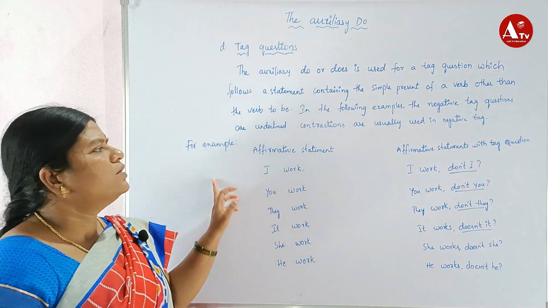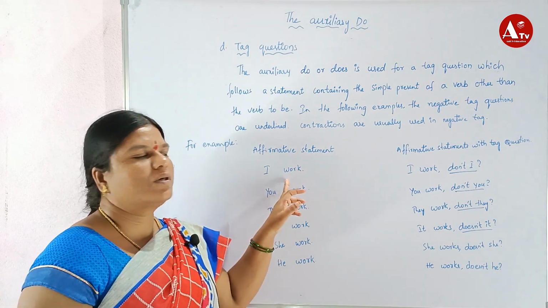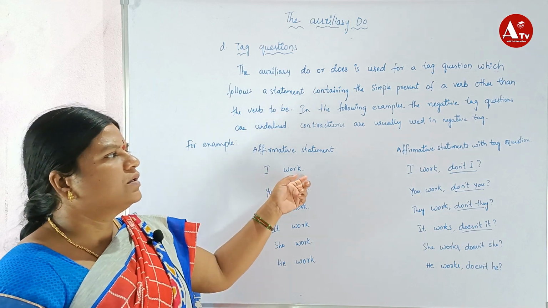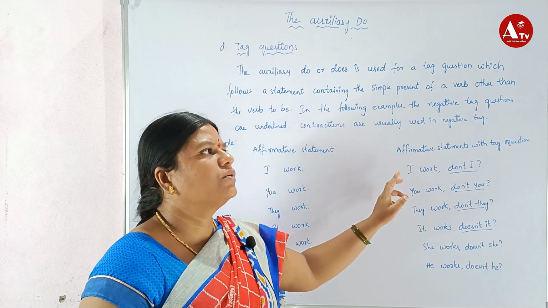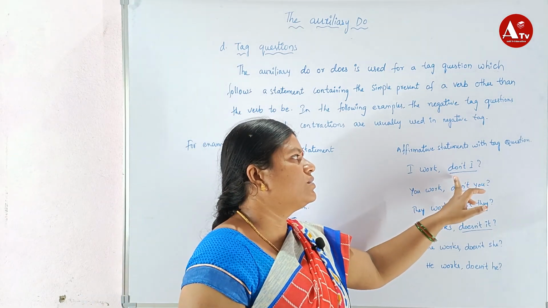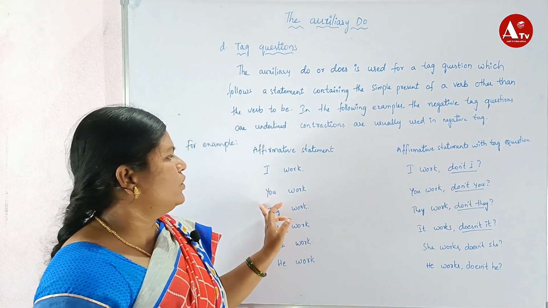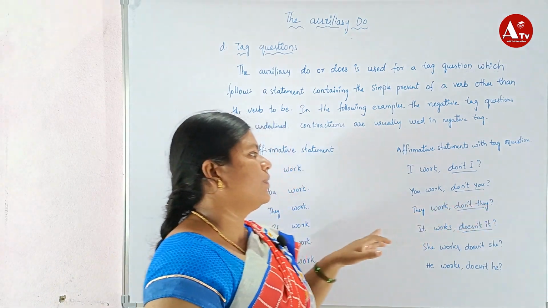For example, affirmative sentence: I work. Here it comes under the first person singular. With a tag question: I work, don't I. Here the contracted form is used, don't I, the question tag. You work, don't you.